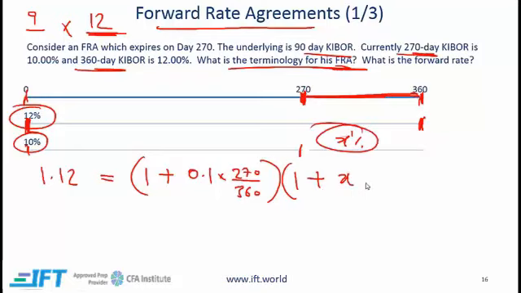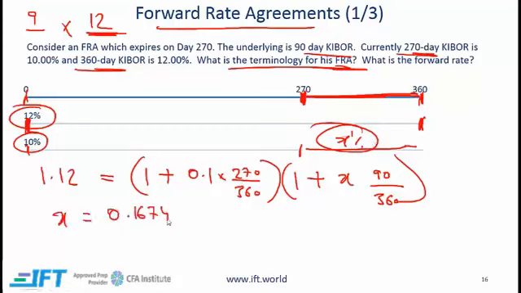So X into 90 over 360. You solve for X and you will get the annualized forward rate. If you do the calculation, what you should get is X equal to 0.1674, which is 16.74%. So that is the forward rate.